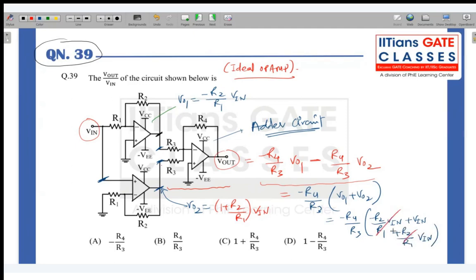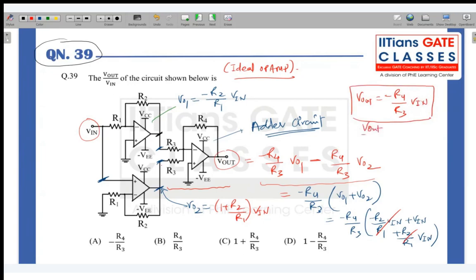So what you're getting exactly as the output, V out, is going to be minus R4 by R3 times V in, right? So this is going to be your output, and you can take this as the gain, because they are asking the gain.